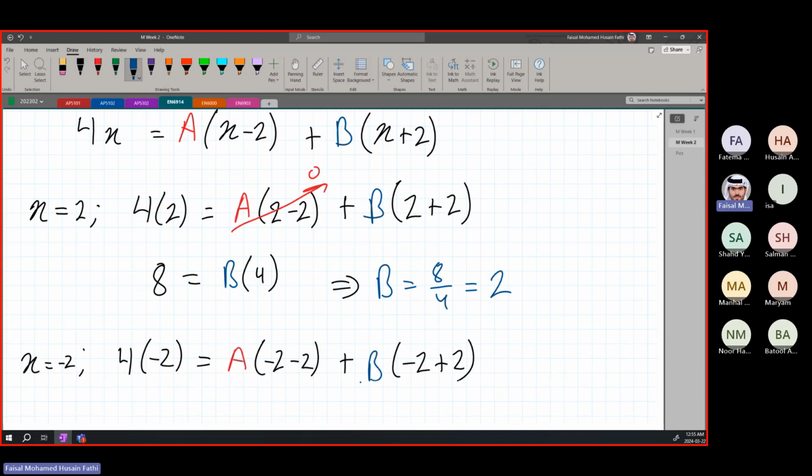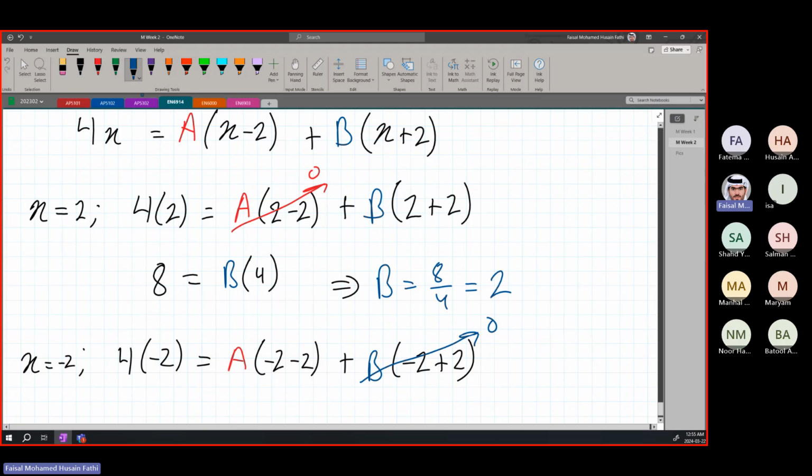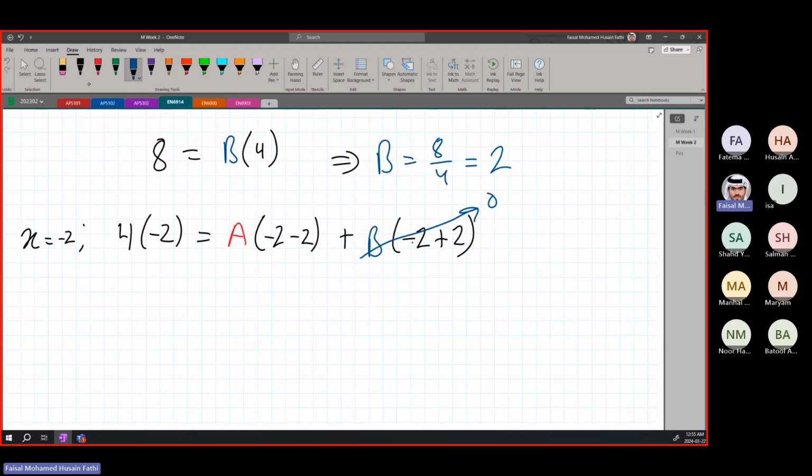You notice here again this becomes 0 because minus 2 plus 2 is equal to 0. You'll be left only with an equation with a. 4 times minus 2, minus 8, is equal to a times minus 2, which is minus 4. a is simply going to be equal to minus 8 divided by minus 4. Minuses will cancel. 8 divided by 4 is 2.